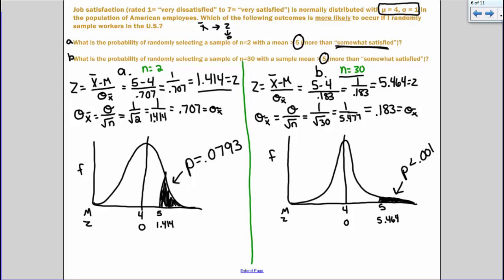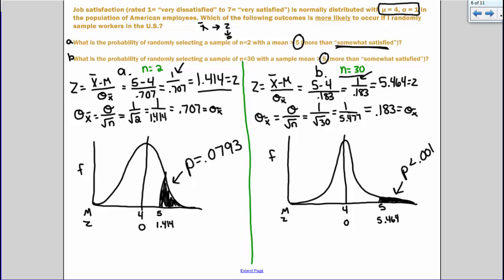So we could say it's much more likely to sample 2 U.S. workers with a job satisfaction greater than 5 than it is to sample 30 workers with a job satisfaction greater than 5. Because the larger sample results in a lower standard error, the mean difference of 1, right? That mean difference of 1 is considered more extreme and less likely in the larger sample compared to the expected mean difference, or compared to the standard error.